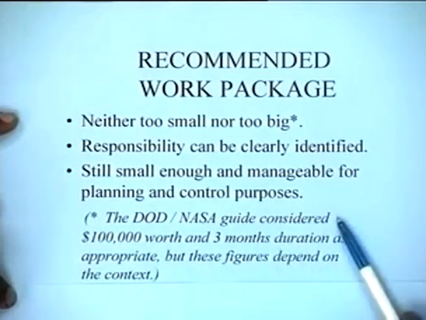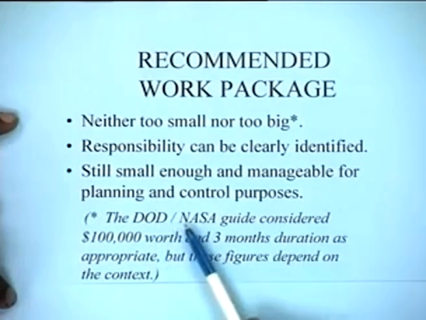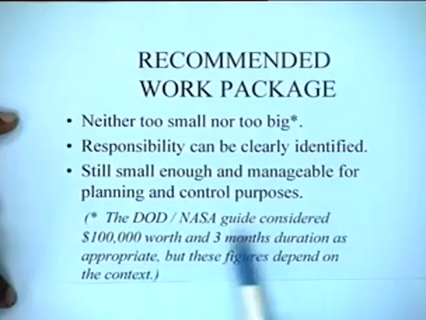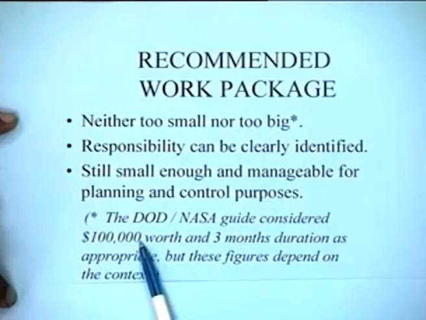So this was the recommendation of the Department of Defense NASA guide when they proposed the work packages. They said each work package should be about so much worth in terms of money and should be about 3 months duration, and this is appropriate. But obviously these figures would depend upon the context and you can define your own figures. These are some guidelines that they had given.